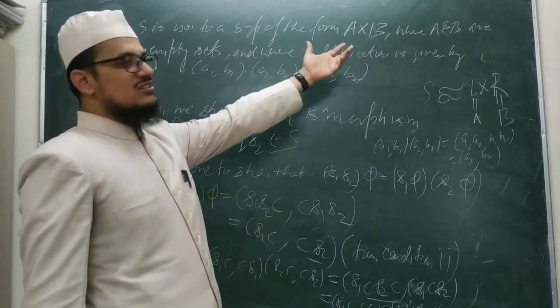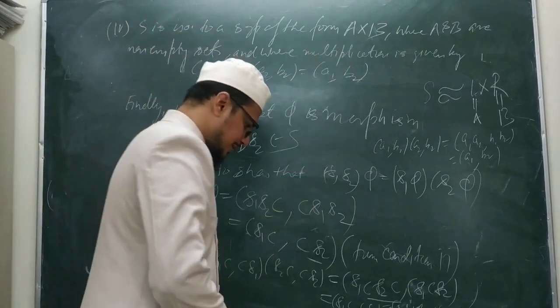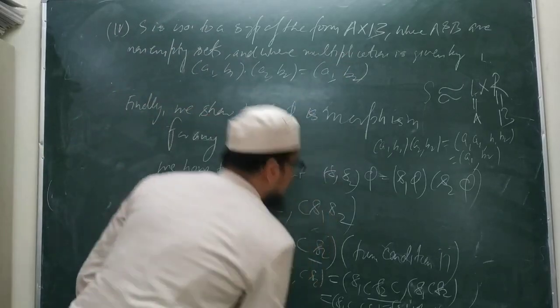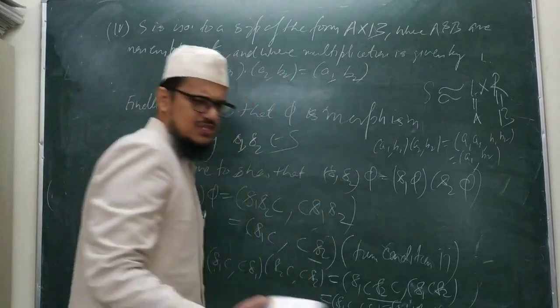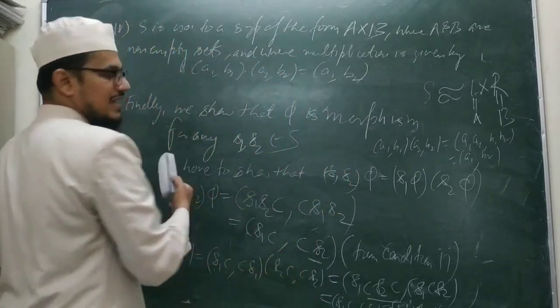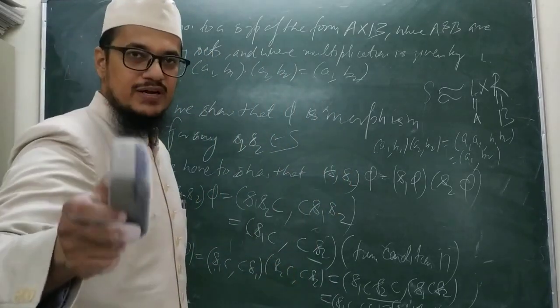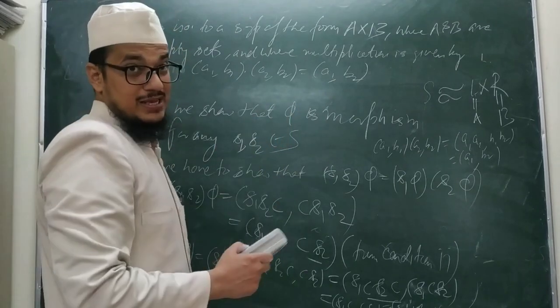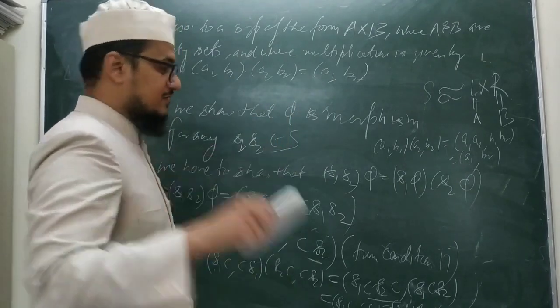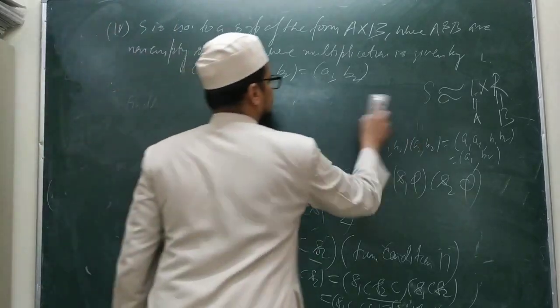So in order to prove this is a rectangular band, what we have to do, we have to take three elements. We have to show the condition of rectangular band. That is aba is equal to a for every a, b belongs to S. But here a and b are members of the direct product A cross B. So elements should be in pairs.